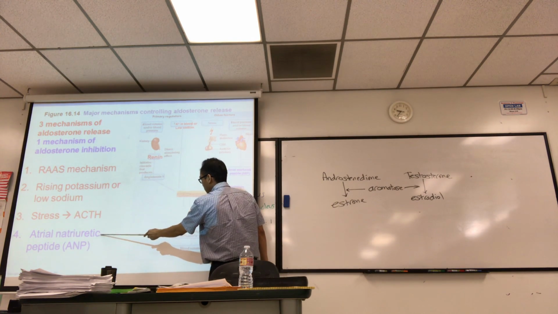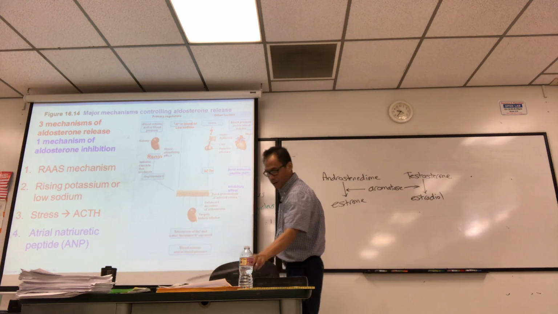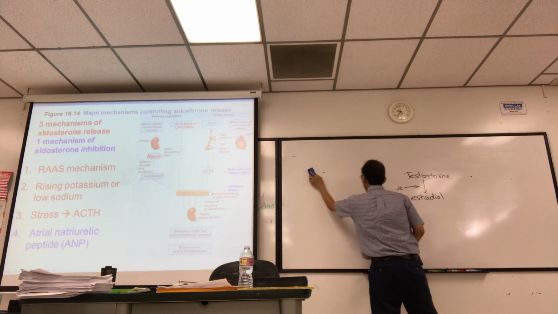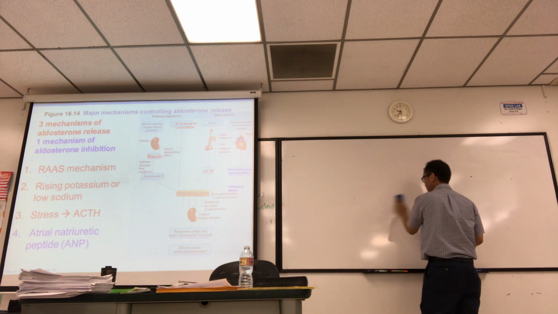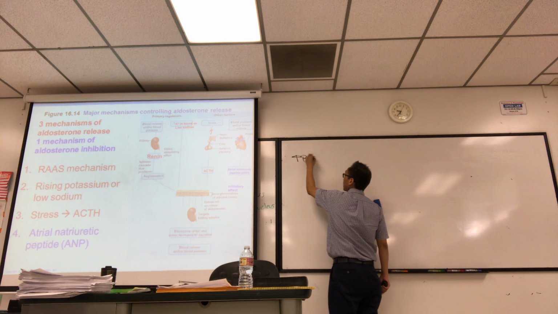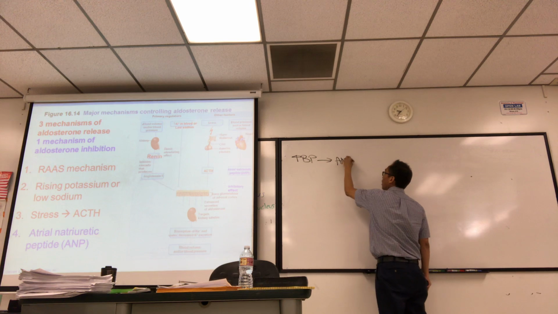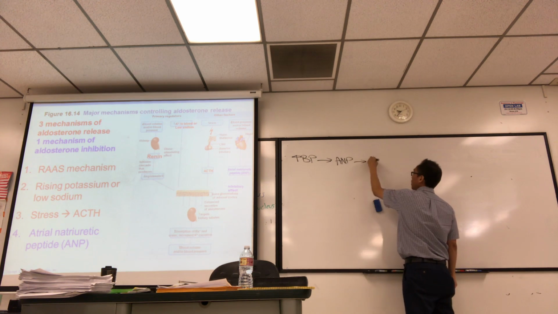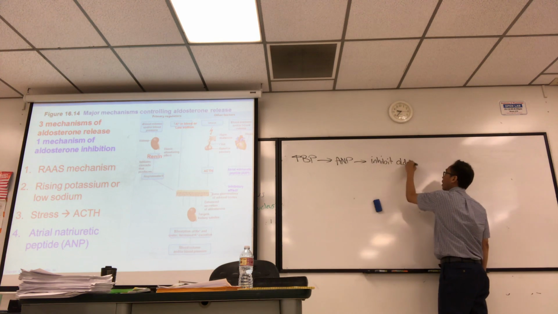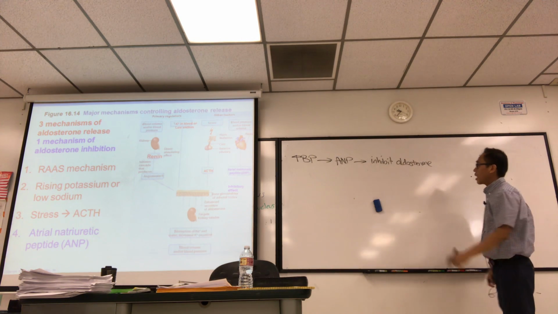Atrial natriuretic peptide released from the heart can help inhibit its release. It's all about what you're trying to regulate, BP. BP is too high, you want to lower it. ANP can help. One way it does it is you inhibit aldosterone. That should help lower it.